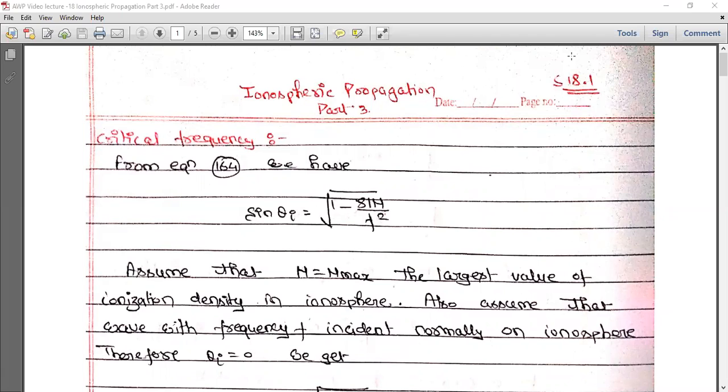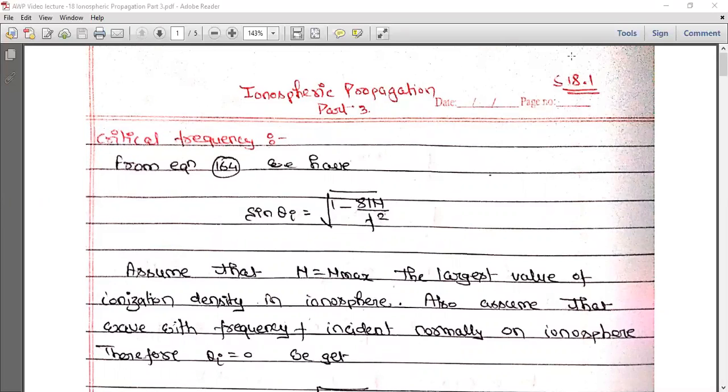In the 17th lecture, the last lecture, we assumed that the ionosphere consists of a stratified structure. That means there are several layers in the ionosphere parallel to the Earth's surface, and all these layers are parallel to each other, also with the same thickness. And we also assumed that there are no free charges below the lower edge of the ionosphere.